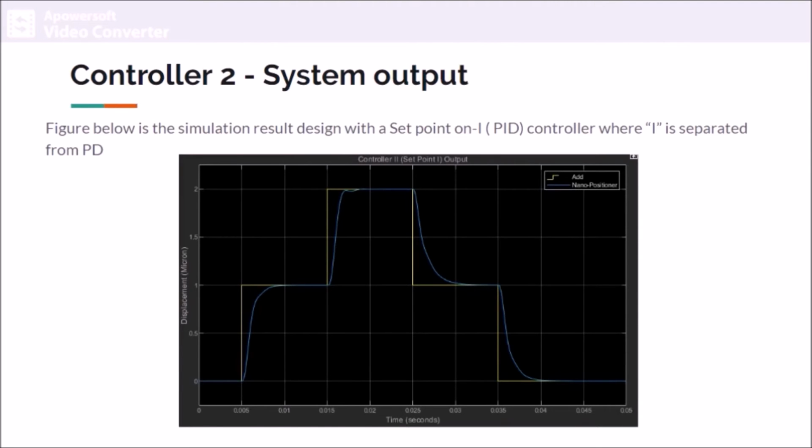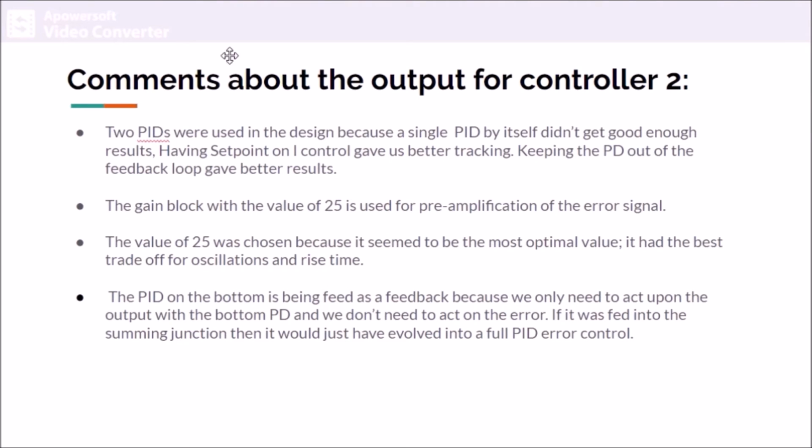On the next slide, we have some comments on the previous slides and the design of the controller. As we mentioned earlier, we separated the PID block into two different ones, the integral action and the proportional and derivative action.